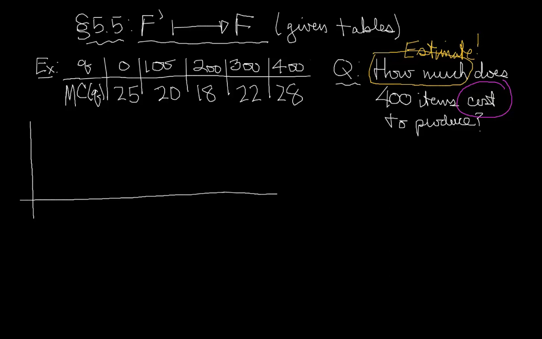Here's a graph that I'm setting up. The y-axis is going to represent marginal cost, and then we have the marginal cost at 100, 200, 300, and 400.